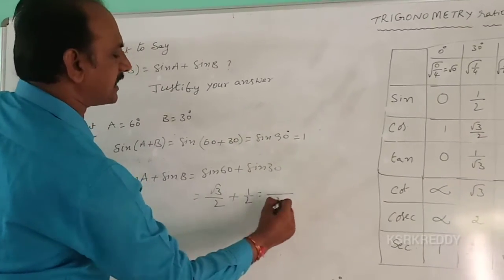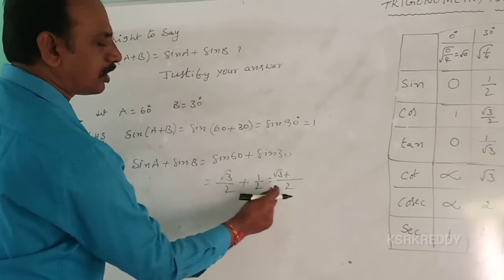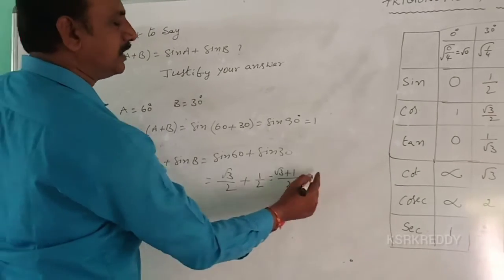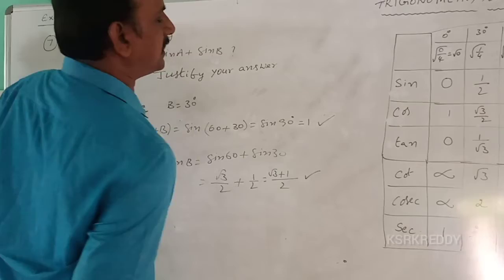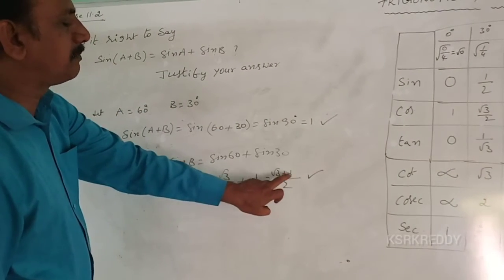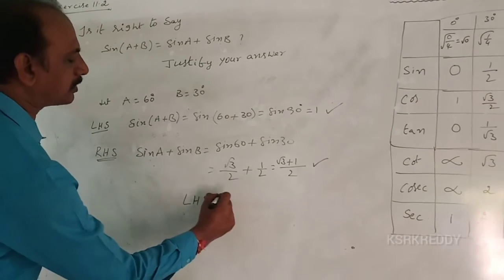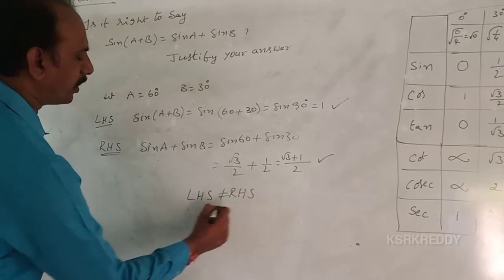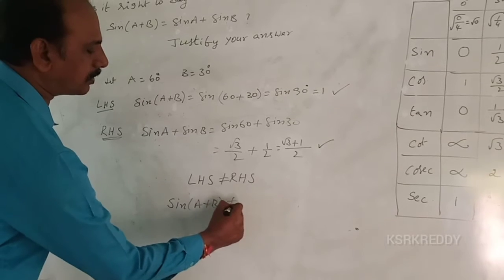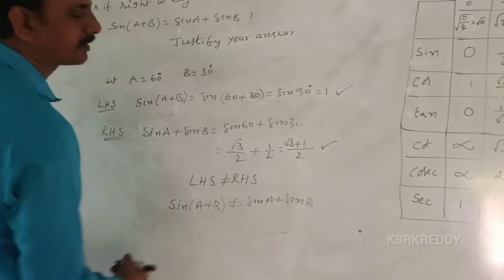Taking the LCM 2: 2 one time, 1 into root 3, plus 2 how many times 1 time, 1 once 1. So root 3 plus 1 by 2 is the RHS result, and 1 is the LHS result. Are both equal or not? LHS is 1, RHS is root 3 plus 1 by 2. So both are not equal. Therefore sin of A plus B is not equal to sin A plus sin B.